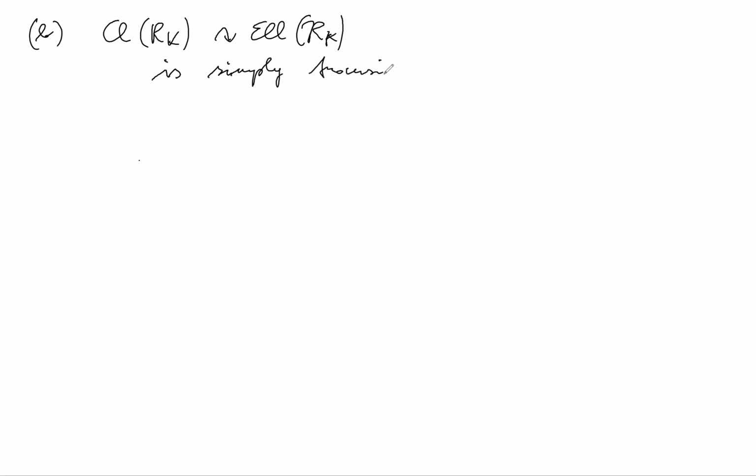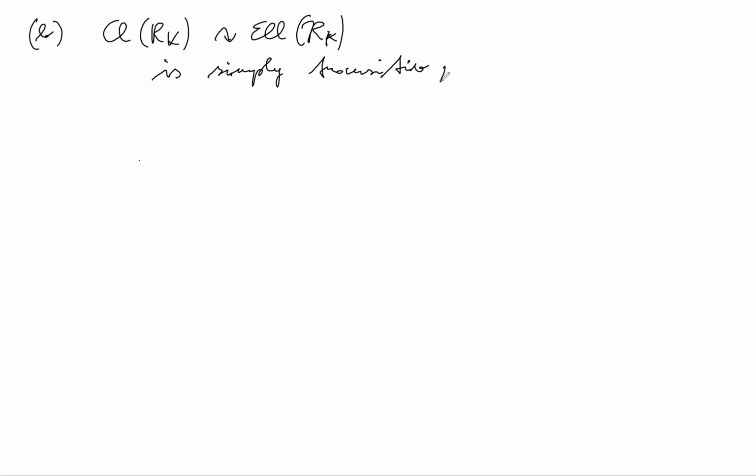Now we said we have this group action of the class group on L and R_K. It turns out this is actually simply transitive. This means that from every point I can reach any other element.